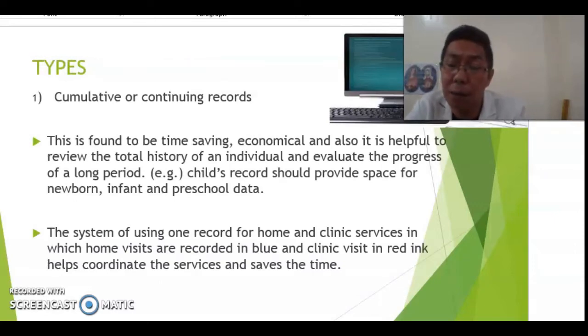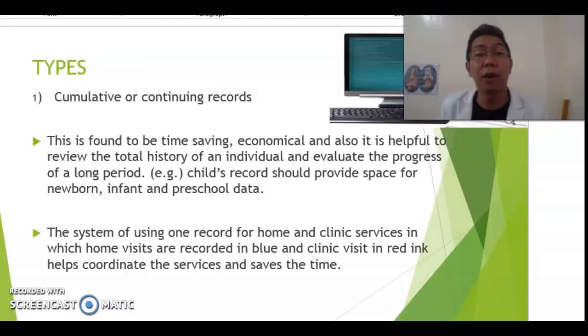So we have cumulative or continuing records. They say that this is found to be time saving, economical, and it is also helpful to review the total history of an individual. We can also evaluate the progress for a longer period.